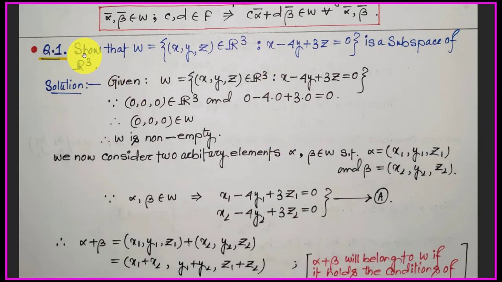This is our first example. Show that W equals {(x, y, z) belongs to R3 such that x minus 4y plus 3z equals 0} is a subspace of R3. So this is the condition of the set. To be a member of the set, first we have to verify whether an element holds the condition of the set.